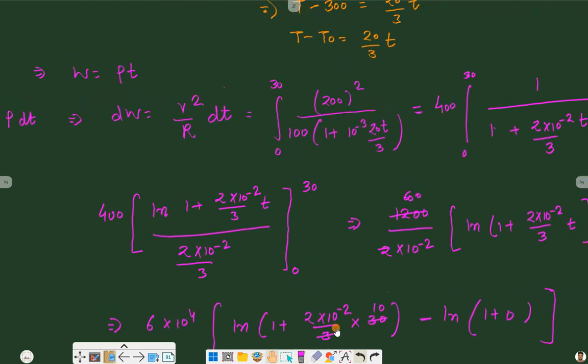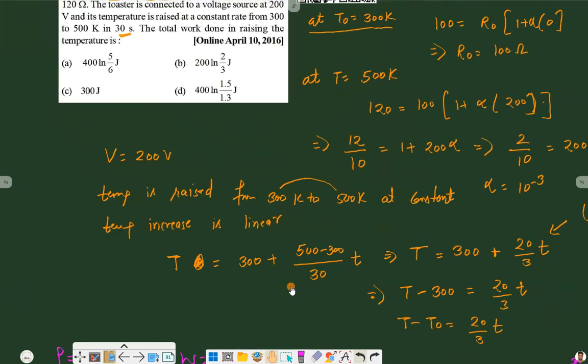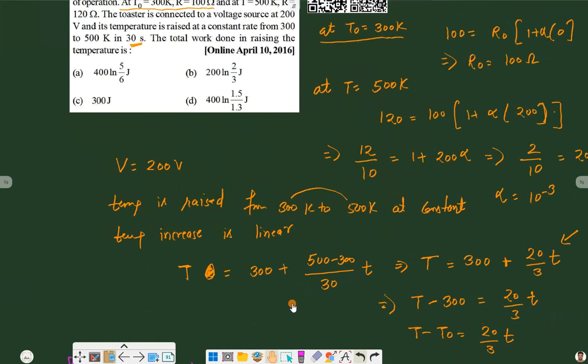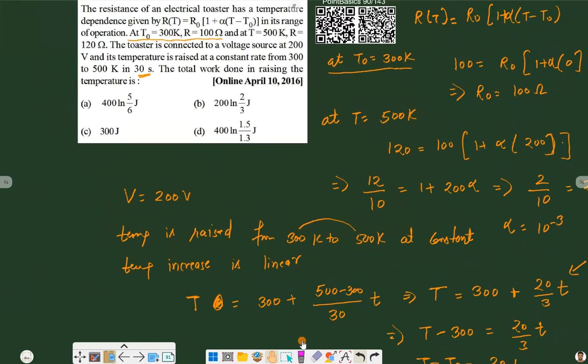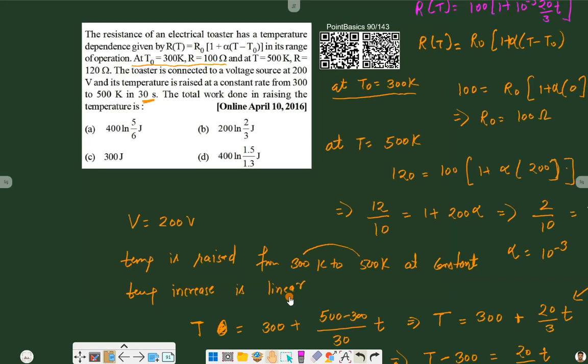Now comparing, none of the options actually matches here, so none of the options are right because none of the options is matching.